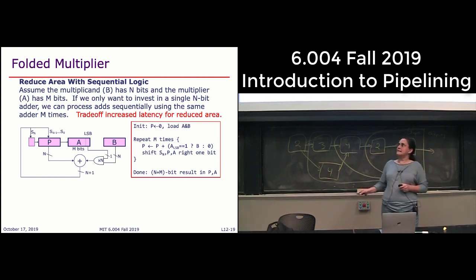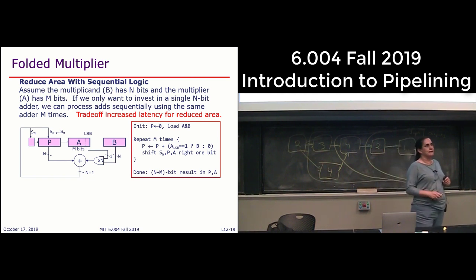And what happens is that I only have a single n-bit adder here. And so I can't perform all of these additions in parallel. Instead, I have to do the addition of one row of my multiplier, and then in the next cycle, another row, and I keep saving my intermediate values in these registers, okay?